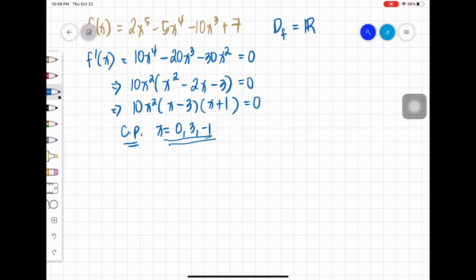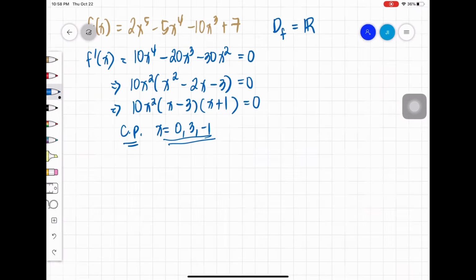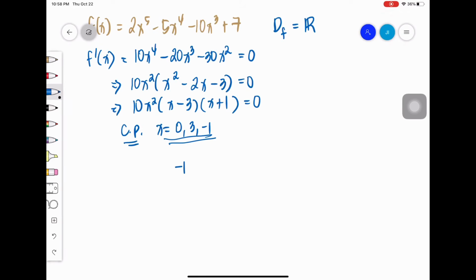Again, what we do here is we line them up in a natural manner on a number line. Right? That means we'll go first with negative 1, and we'll have 0 here and positive 3 over here. We'll put f prime here to denote that we are to find the sign of f prime on the intervals around these critical points.